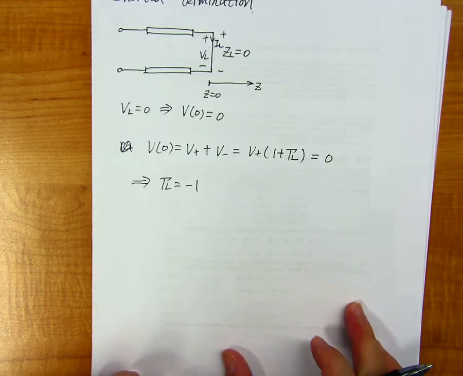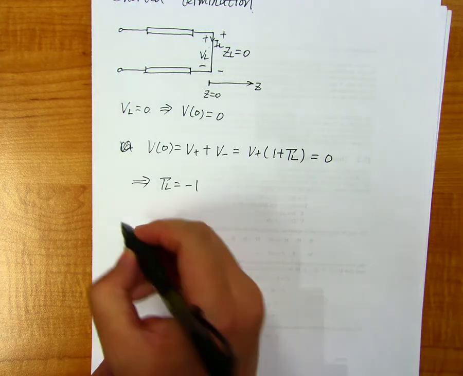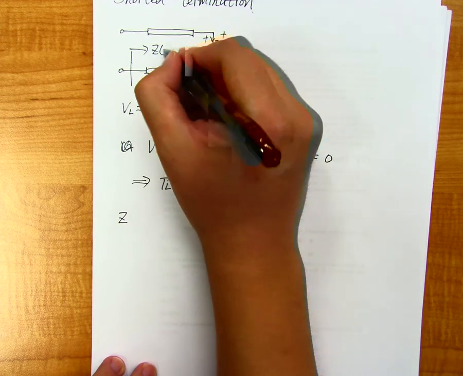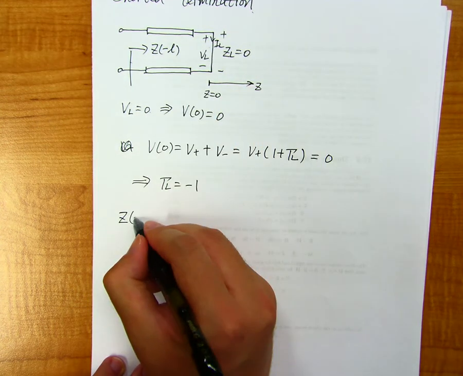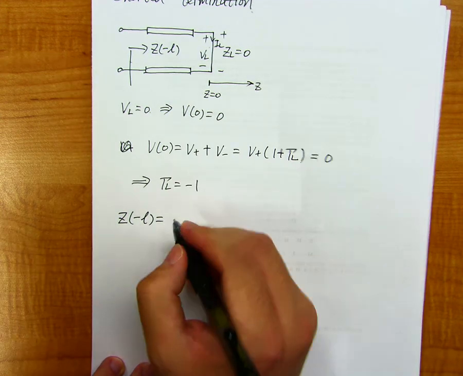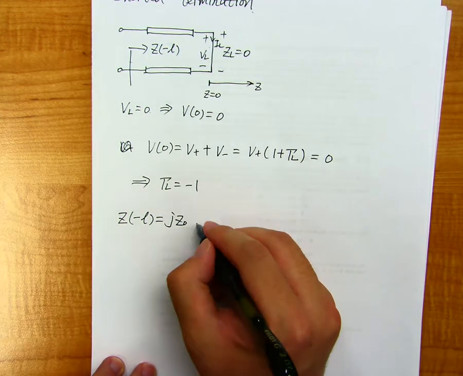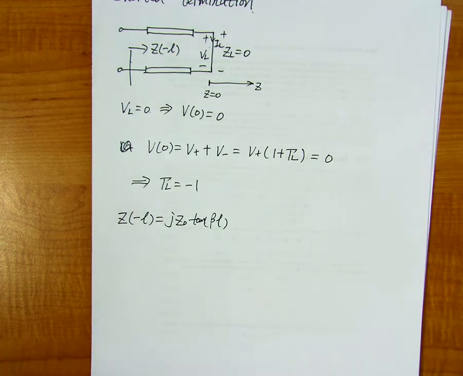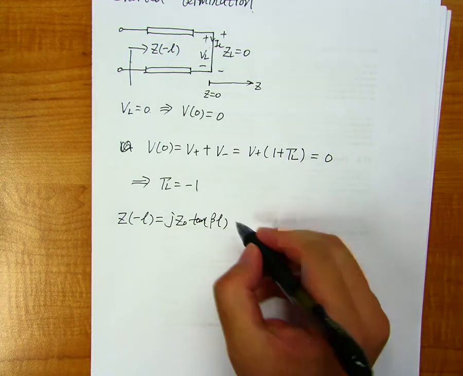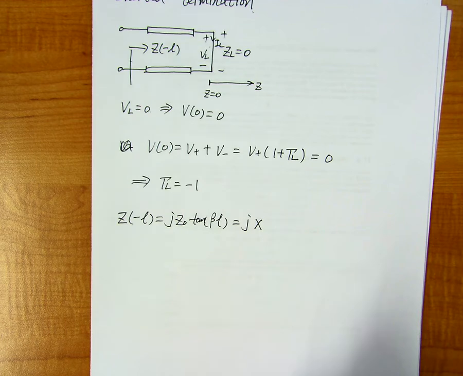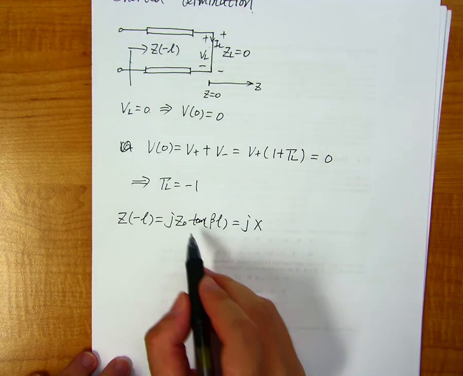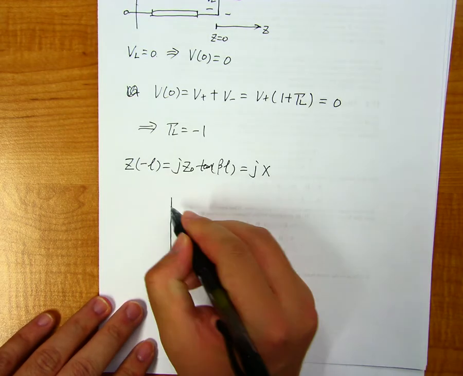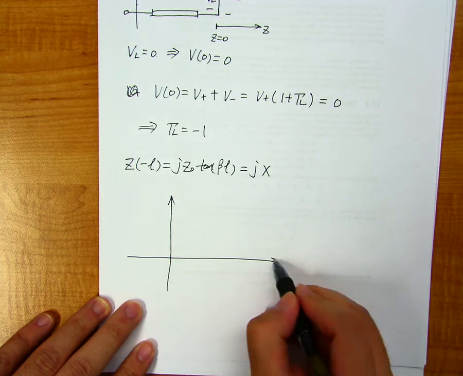So in this case, the input impedance Z of negative L is equal to J Z naught tangent beta L. So we can see if we write this as J x, because tangent beta L is a periodic function, then if we plot the graph of x, with this being beta L and this being x, it will look like this.